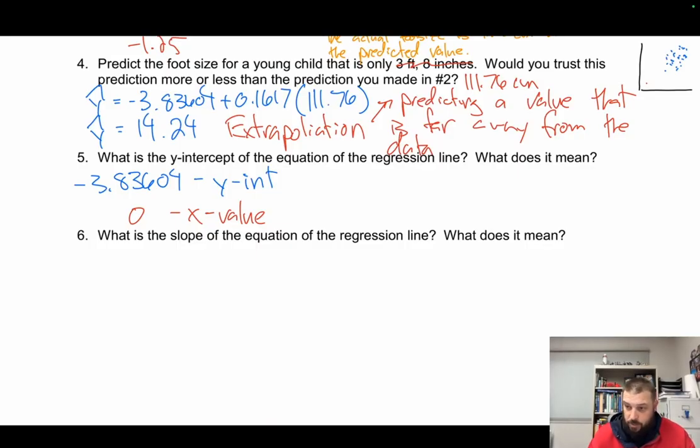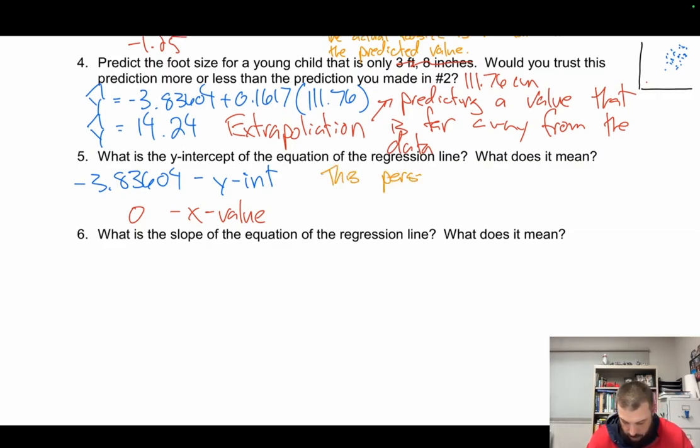And so then the question is, what does this mean? So in context, remember, 0 is our height. So theoretically, we can have 0, and theoretically, we can have negative. But what this means is this individual, this person, has no height and a negative foot length.